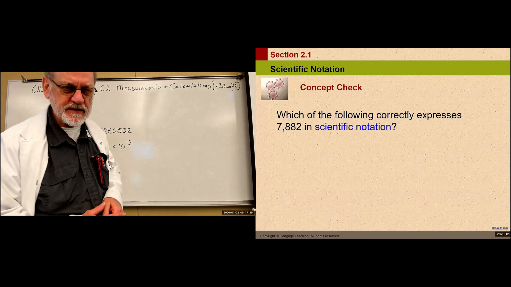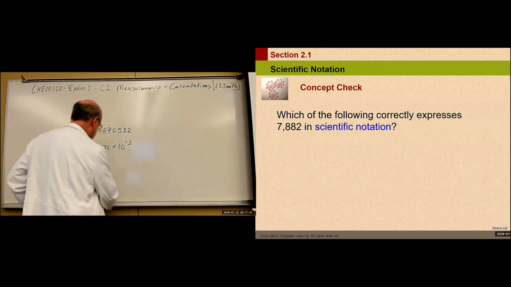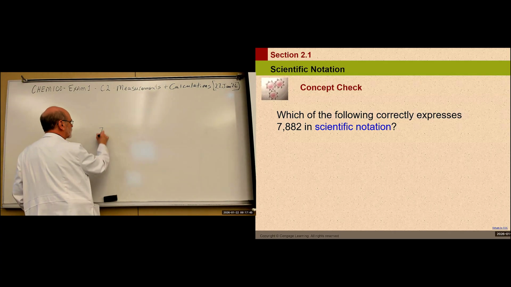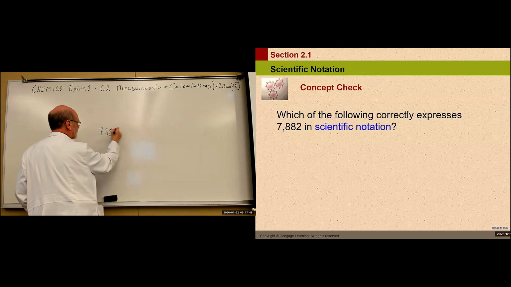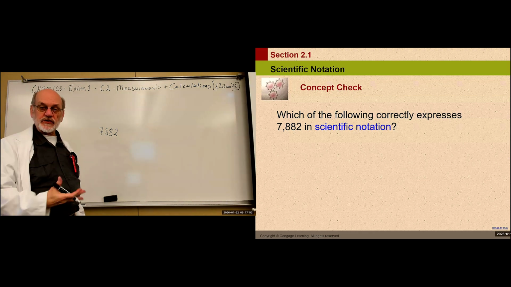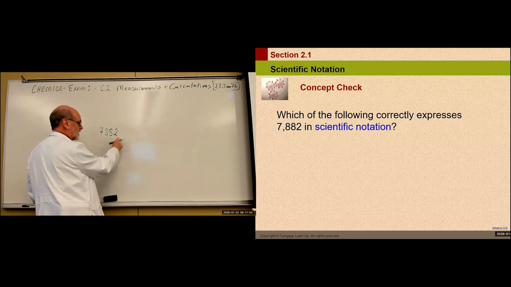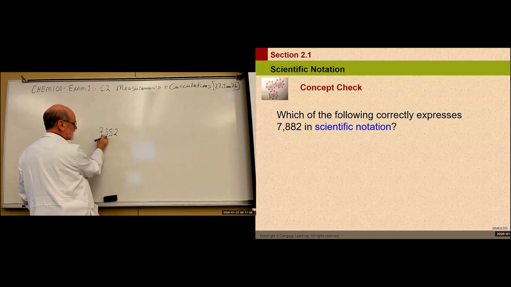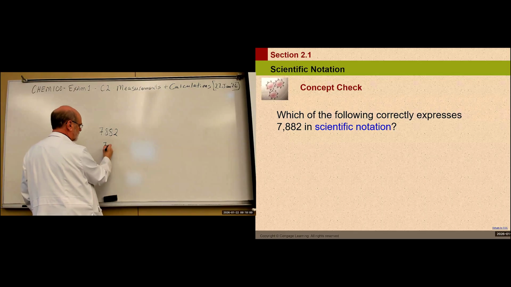Okay, which of these expresses 7882 in scientific notation? 7,882. We don't see a decimal point there, but there's an understood decimal here. So it would move 1, 2, 3 to give us 7.882.